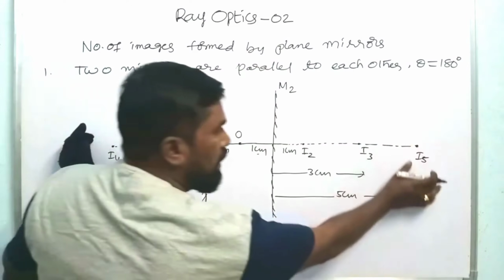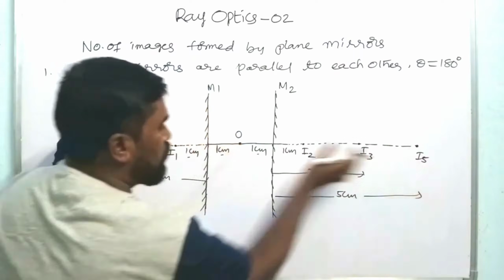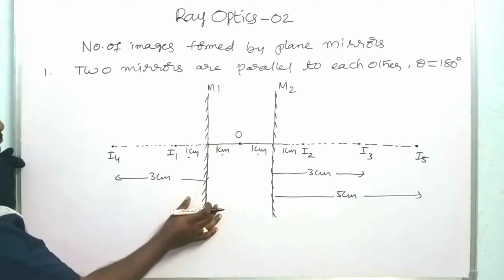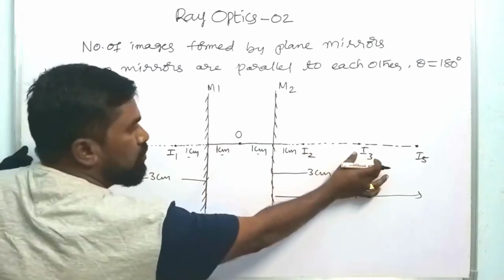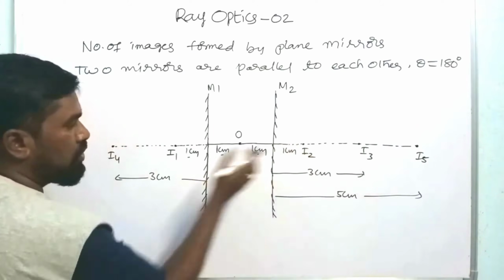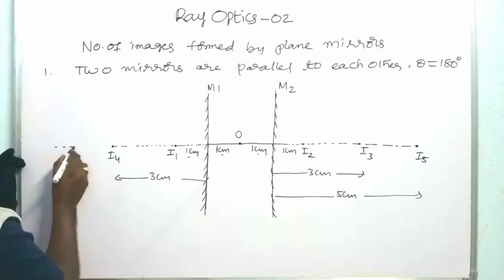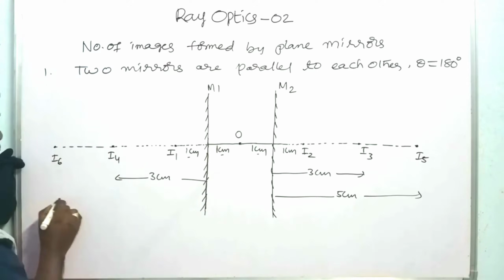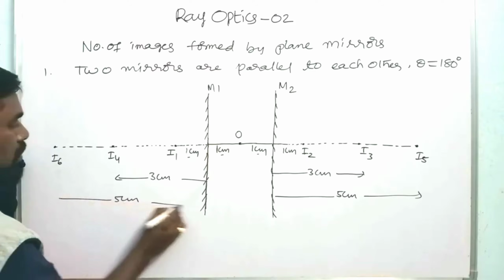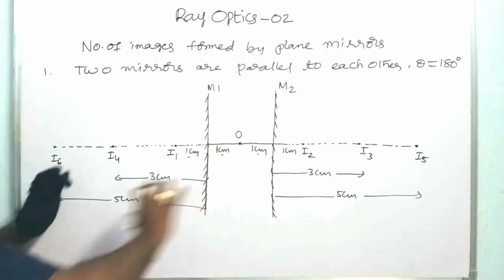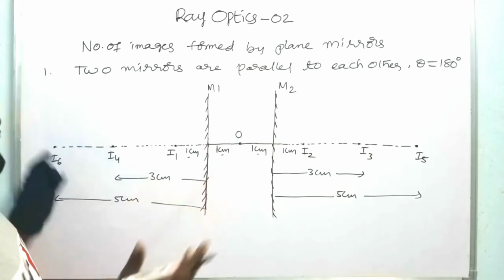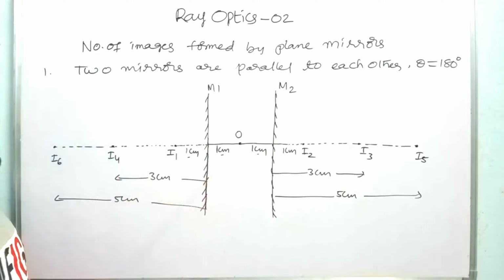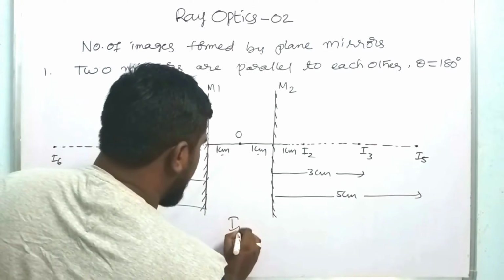And again it acts as the object to the first mirror. Then at the 5 centimeter distance there should be I6. Image 6 will be formed at 5 centimeter. So like this, images keep forming, and the number of images is infinity.